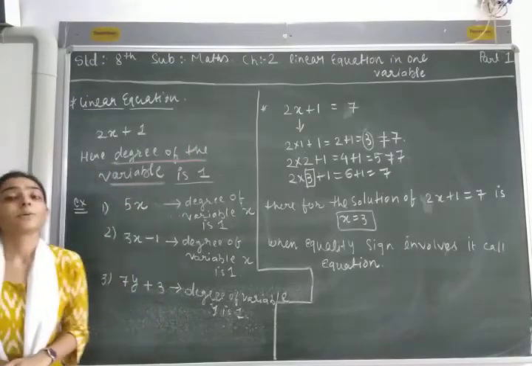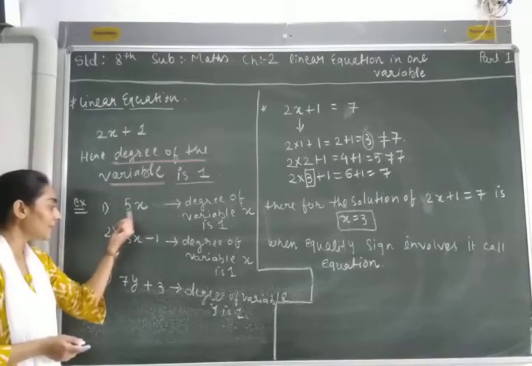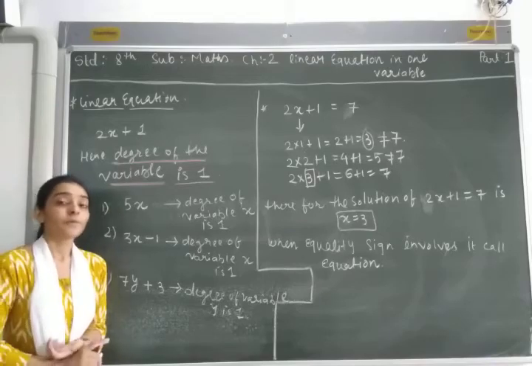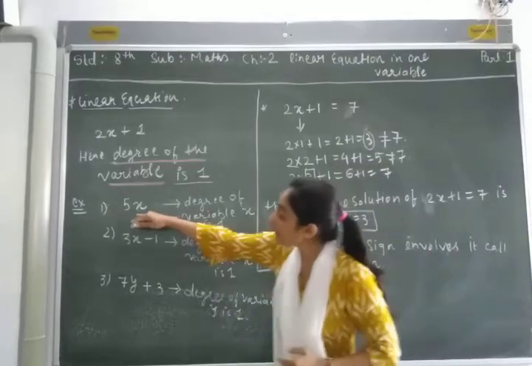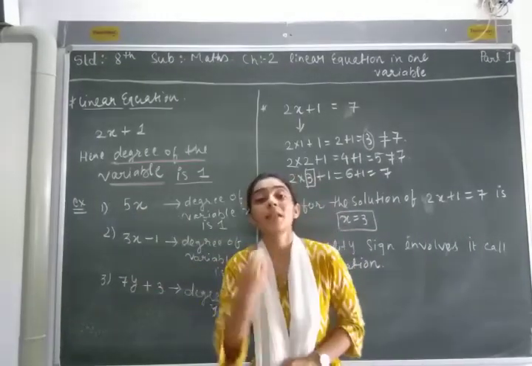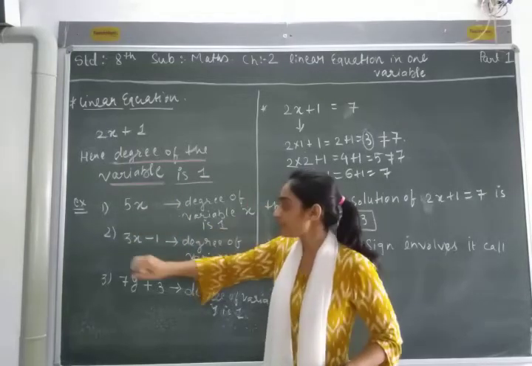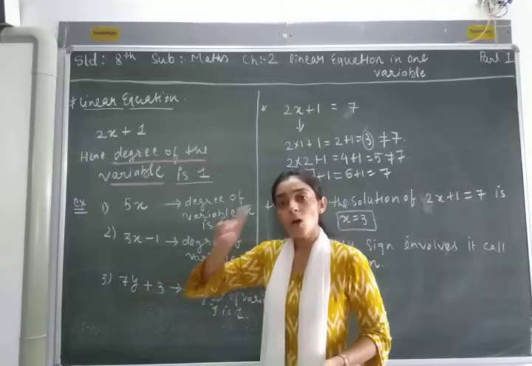As you can observe, my degree is 1. Now observe the variables. How many variables does each expression contain? One variable, one variable, one variable.